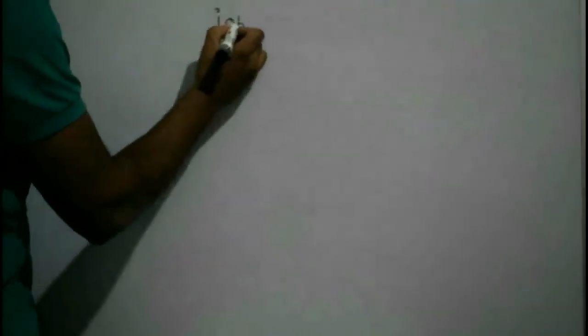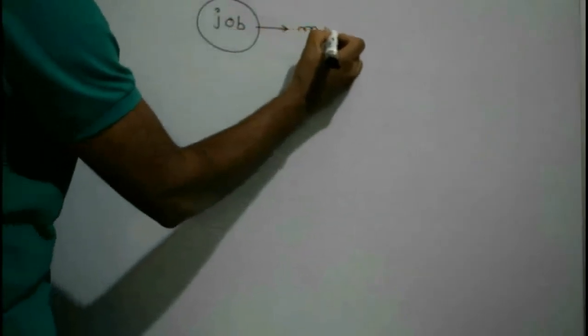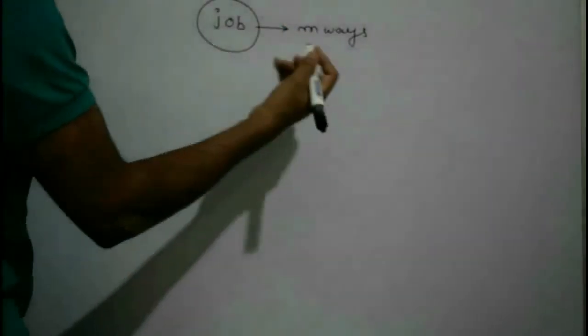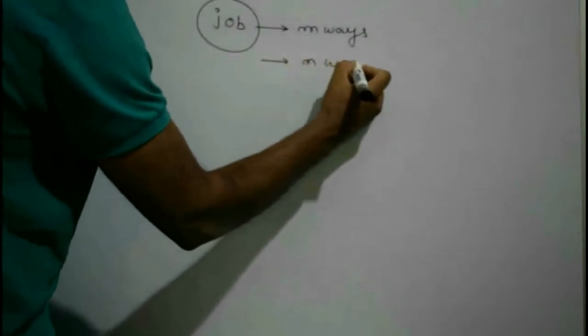Now we will see how we apply this fundamental principle of addition. Once again, there is a job which can be finished in m ways. And the same job in a different case can be finished in n ways.